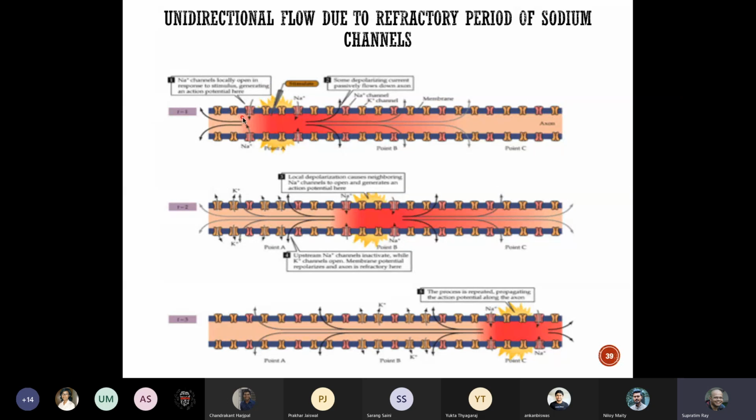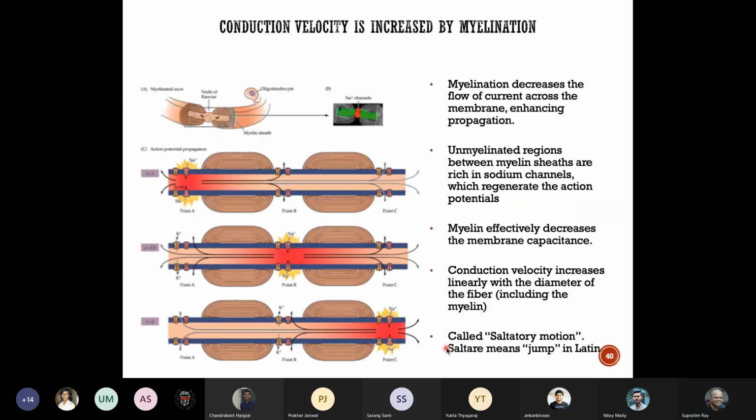Of course, if there's axon on the other side as well, then there will be another action potential. But usually you have the cell body right here. So when an action potential is generated at one point, it moves in one direction. It doesn't keep going crisscross because the ion channels are inactivated, and it takes a while for them to get back to the resting state. So that's how an action potential moves.